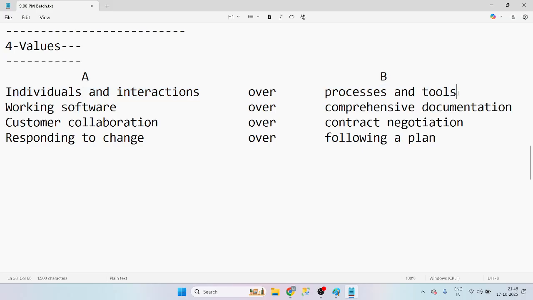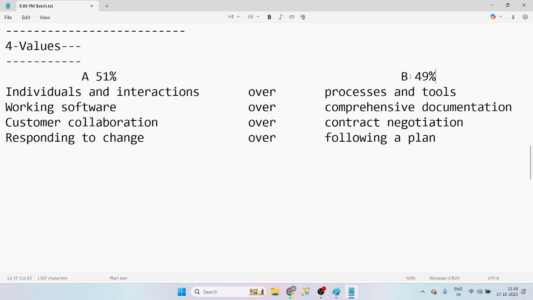We are not giving any priority to B? No, we are giving priority. But if it is 100%, we are giving 51% to A and 49% to B, just for a small example. That means we are giving 1% more to A.